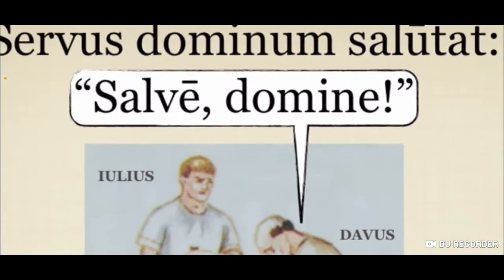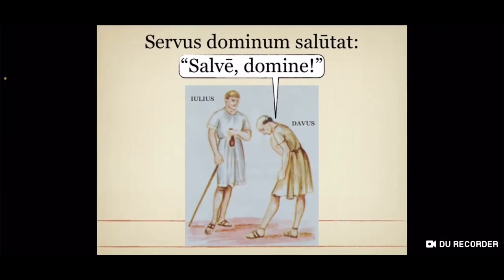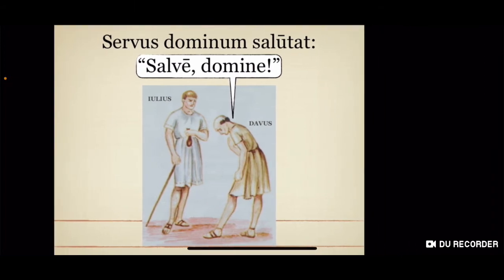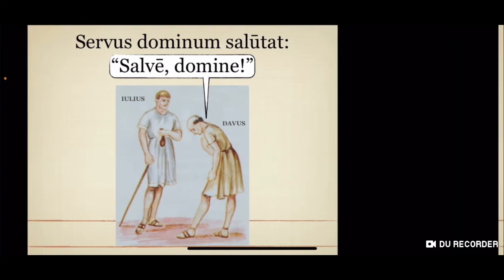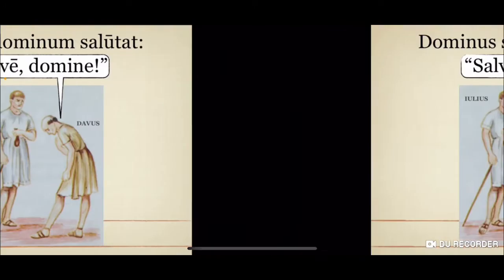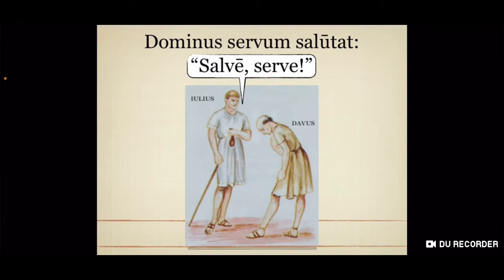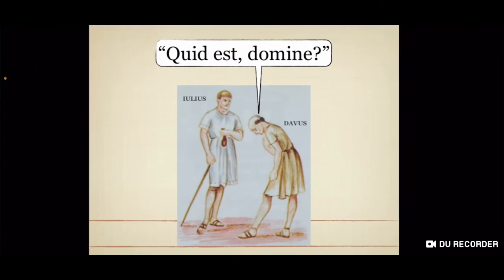And Domine is also a vocative and the imperative that matches salve. We'll get to that when we get to the grammar. Dominus servum salutat. I already said that. Quid est, Domine? What's up, master?